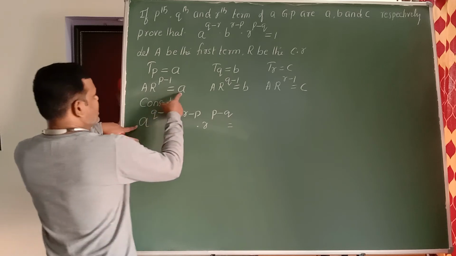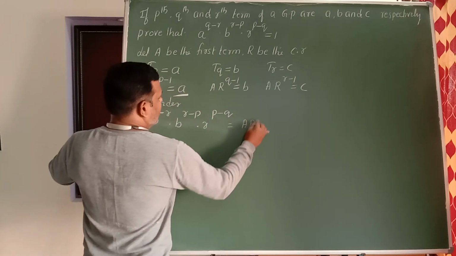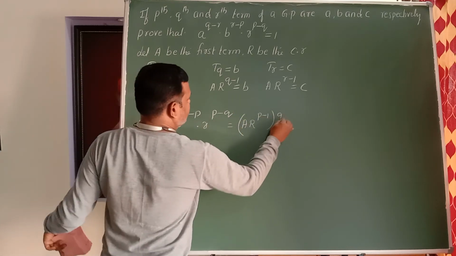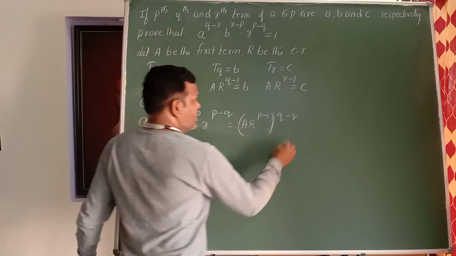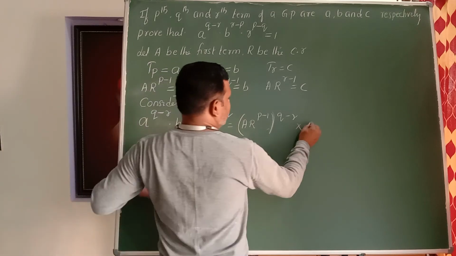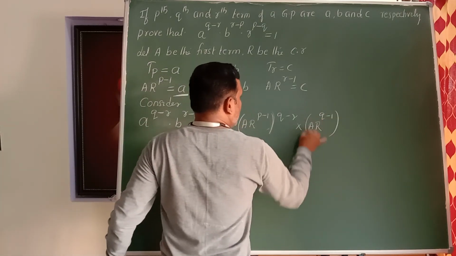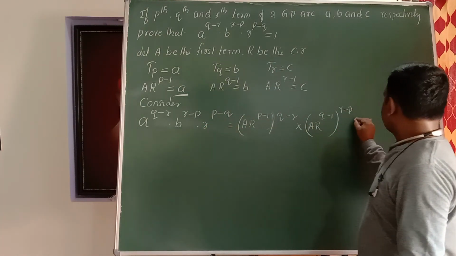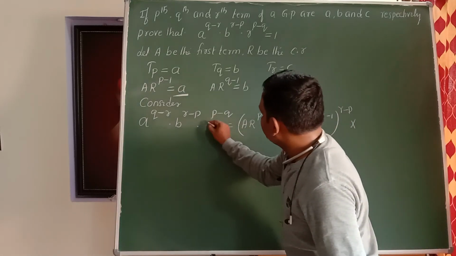What is a? a is A R power P minus 1 whole power Q minus R, into what is b? b is A R power Q minus 1 whole power R minus P, into c.